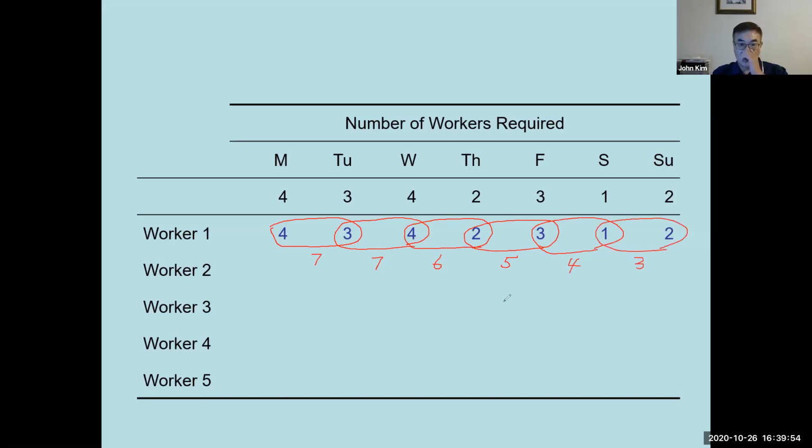So among those combinations of 2 consecutive days, this one is the smallest. So circle there.